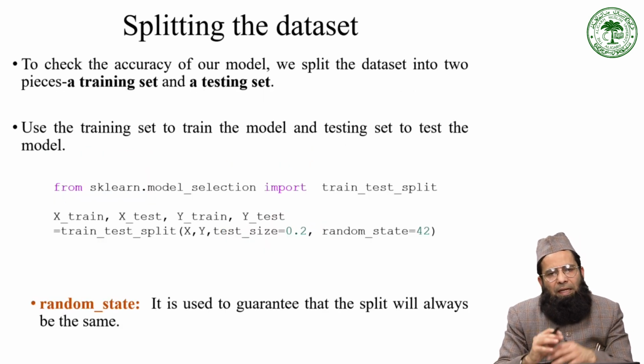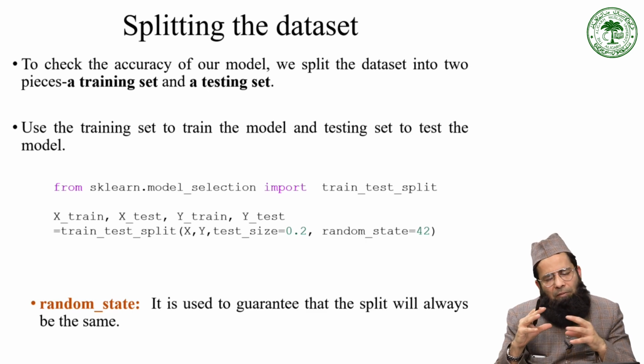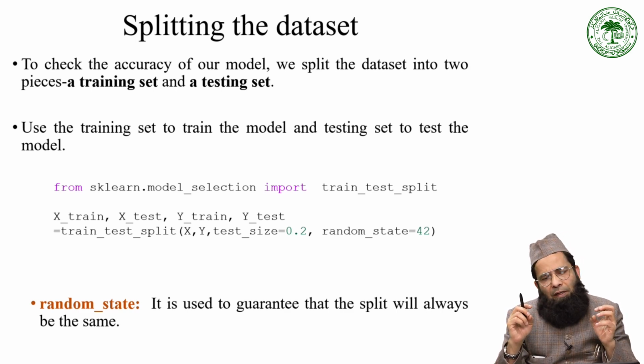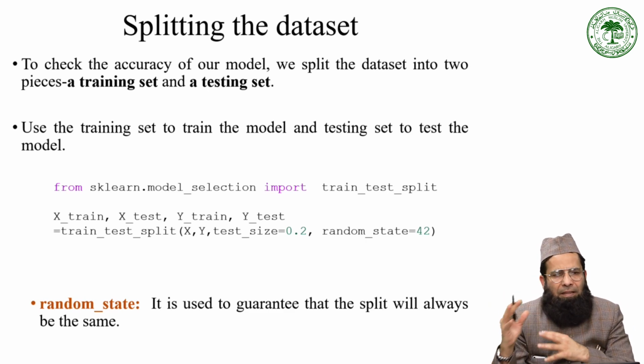Now the next stage in a dataset-specific project is splitting the dataset. To check the accuracy of your model, you need to split the dataset into 2 different pieces, that is a training set and a testing set.